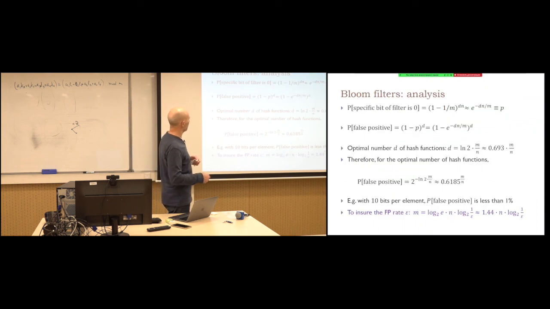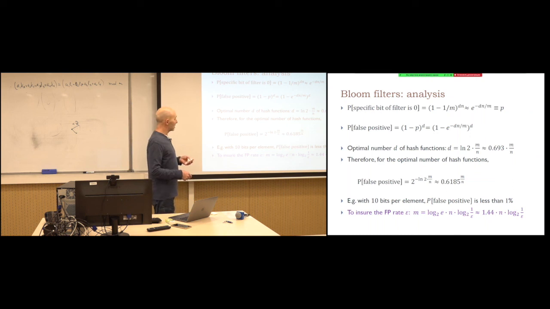So if we substitute this optimum number of hash functions into the false positive probability formula, then we obtain the false positive probability, which is equal to some constant, 0.61, to the power of m over n. Okay, so you obtain a very clean and simple formula for the false positive probability.